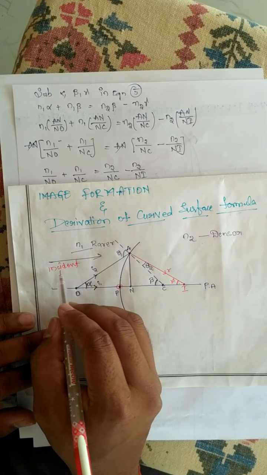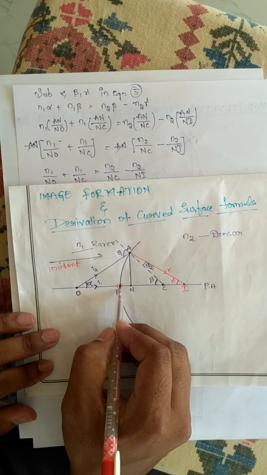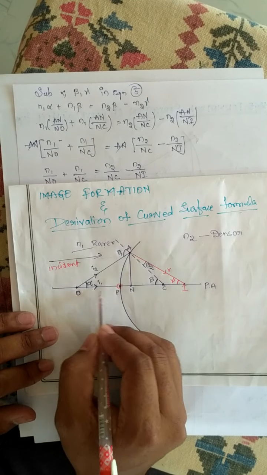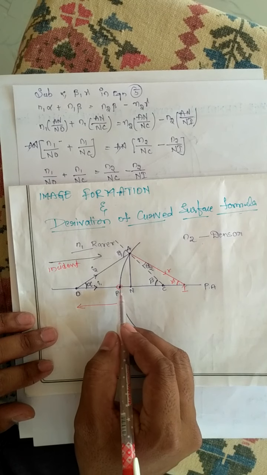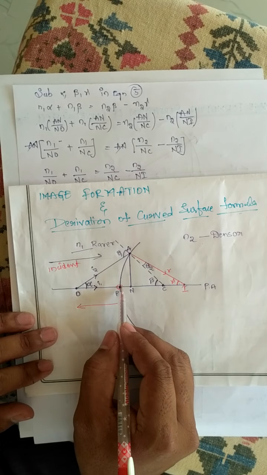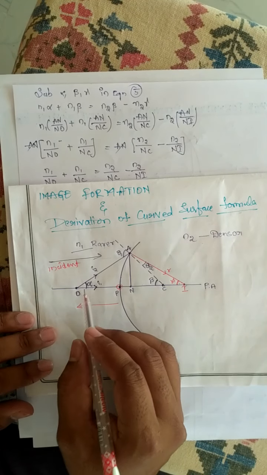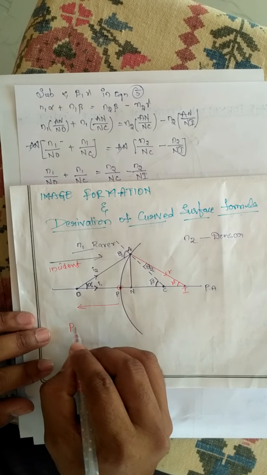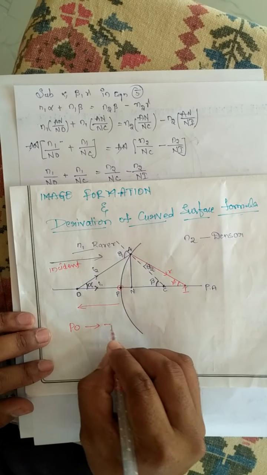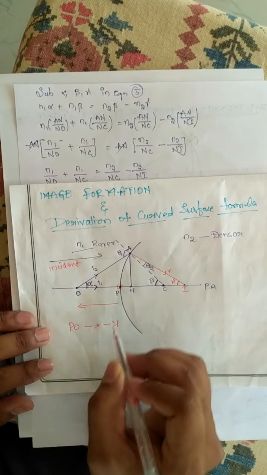The next one is that the incident light is in this direction and you are measuring the object distance in the opposite direction. You are measuring PO, not OP. So PO is taken as minus U, where minus represents that it is opposite to the incident light.